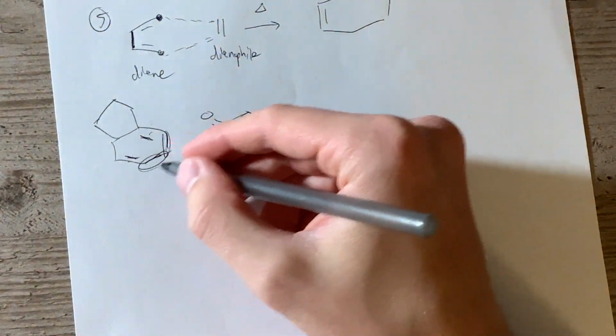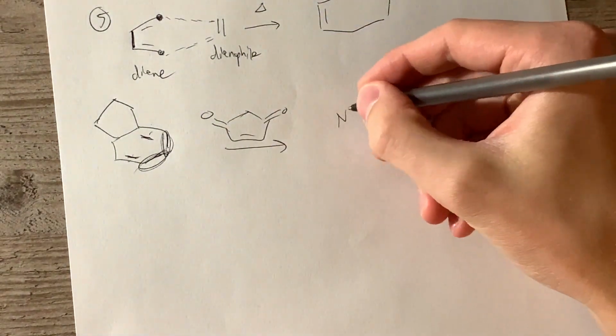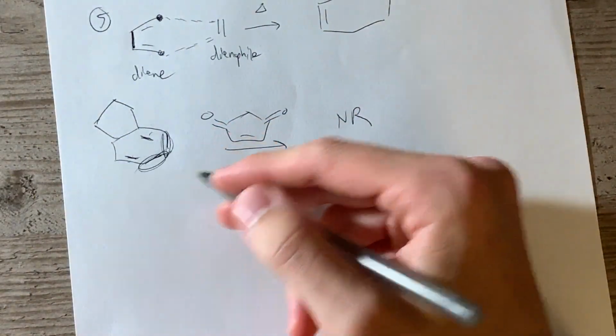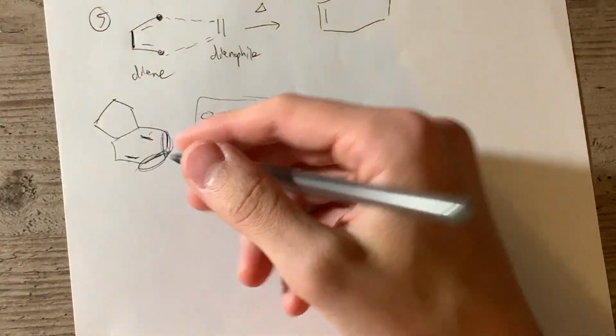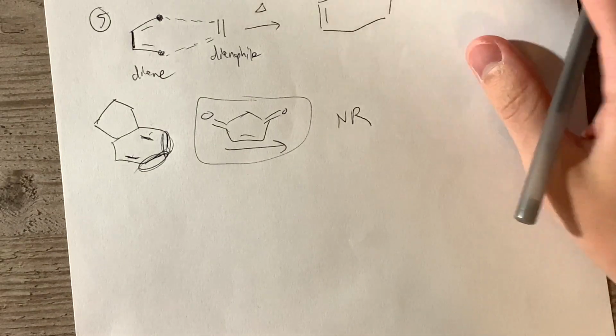So in this case, this is not an appropriate case for Diels-Alder, and it's no reaction. The dienophile is valid, but this diene, there's no way for it to react, so no reaction.